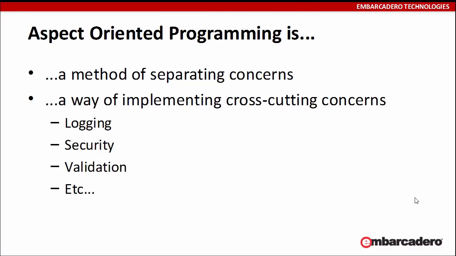You just might want to include it in some. Aspect-oriented programming allows you to insert it in the side, if you will, as opposed to up and down from an inheritance level.